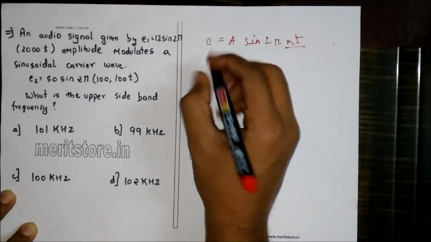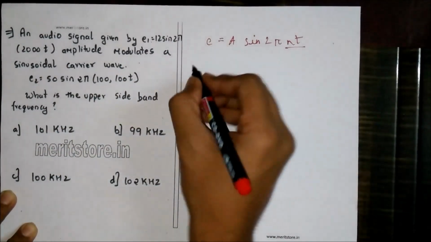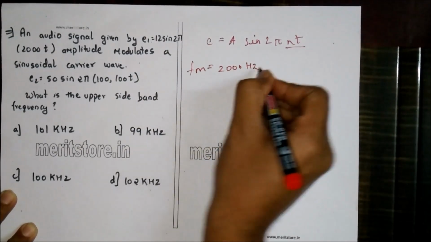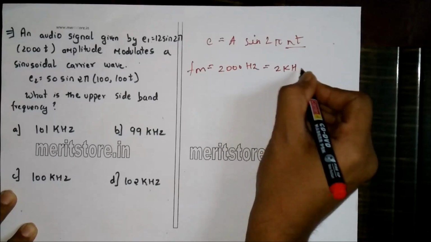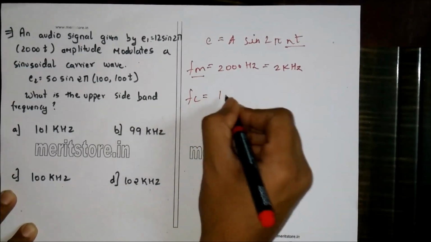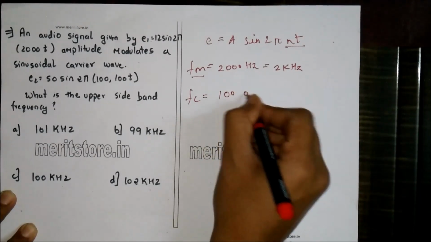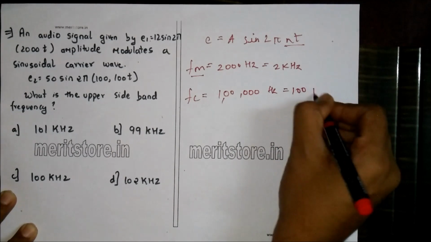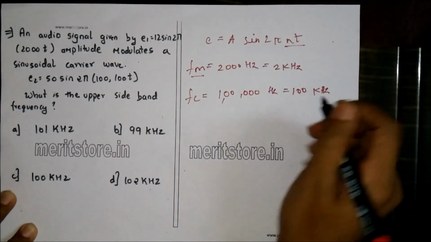So, comparing E1 and E2 with this equation, we get Fm is equal to 2000 hertz, which is equal to 2 kilohertz. This is the frequency of the modulating signal, and we get Fc is equal to 100,000 hertz, which is equal to 100 kilohertz. This is the frequency of the carrier wave.